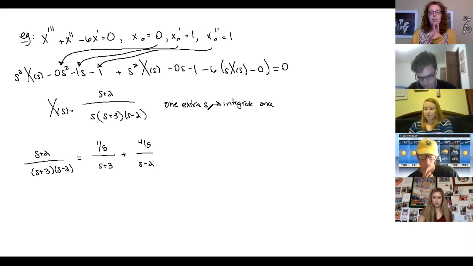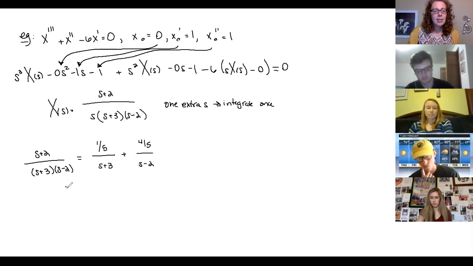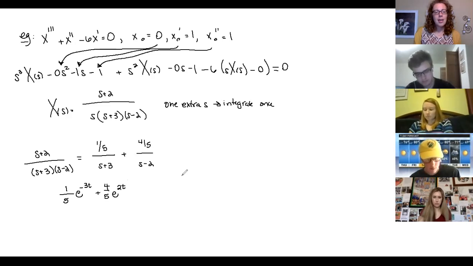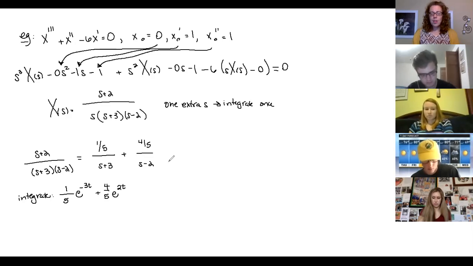Therefore, the thing to integrate is going to be 1/5 e to the negative 3t plus 4/5 e to the 2t. That's my inverse, and that's the thing that I need to integrate.